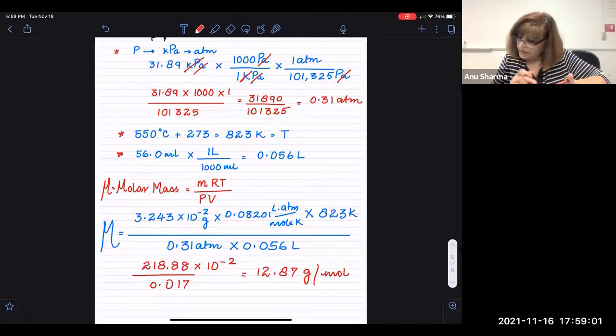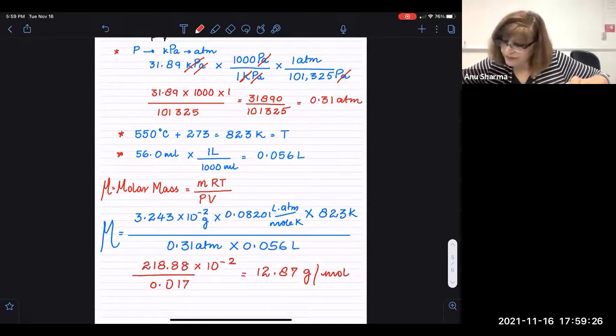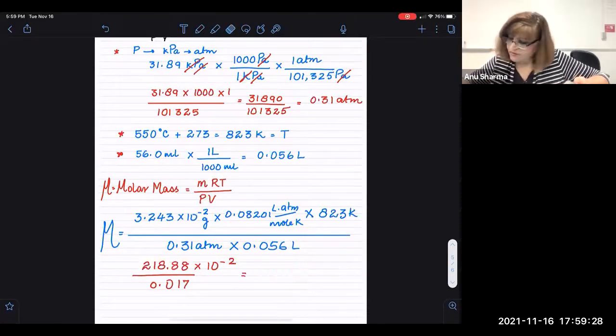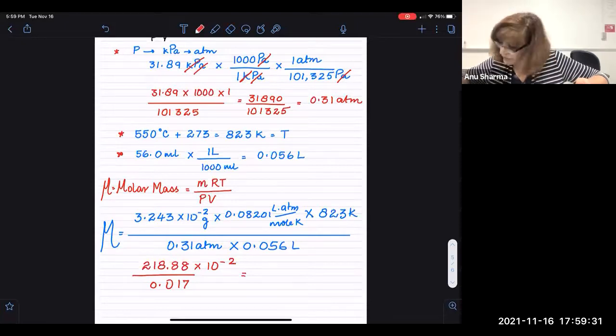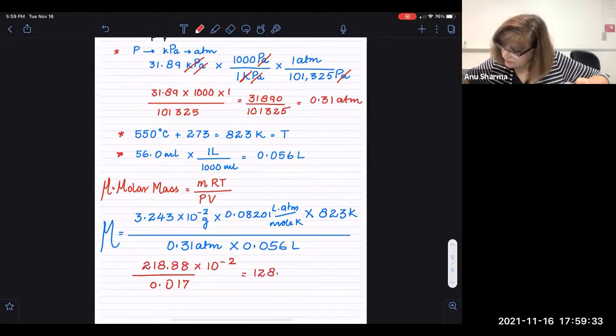And then there is 10 to the power minus 2. So 218.88 divided by 0.017 gives you 12,875. Divide that by 100. Yes, sorry, 128.7. So it's not 12, it is coming out to be 128.75 grams per mole.